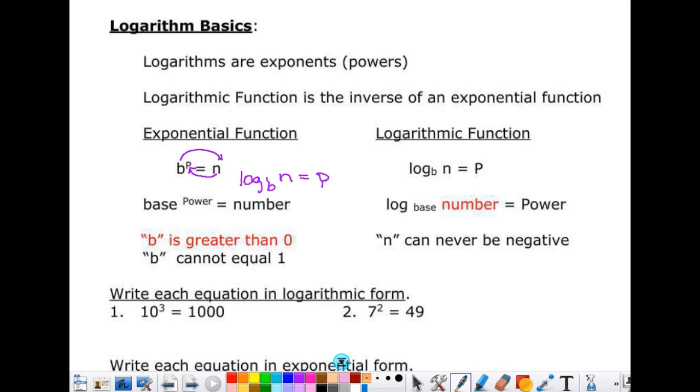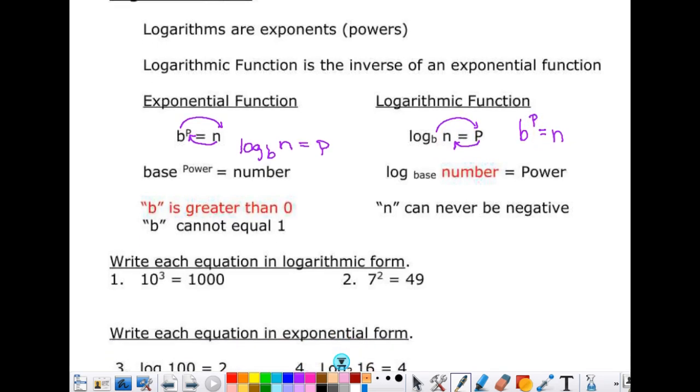And of course, you see it written over here. Some of you really probably need to draw your circles. Sometimes I still do. If you wanted to change this log to an exponent, it'd be b to the p power equals a number.